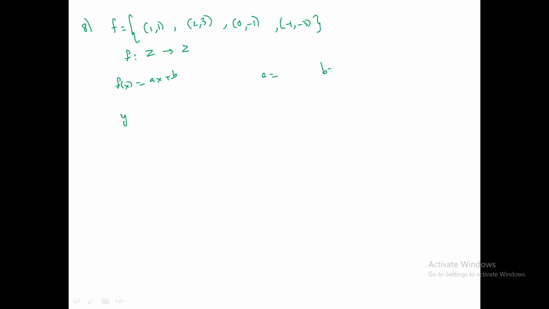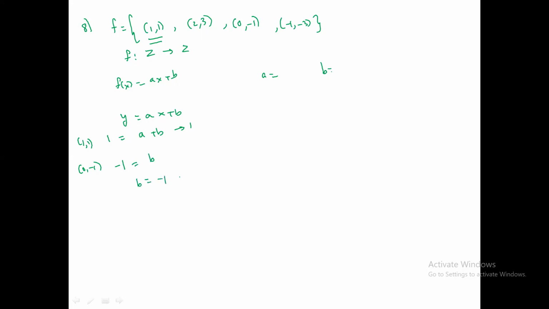So we will take y equal to ax plus b. The first point (1, 1) we will use here. Y is 1, x is 1: 1 equals a plus b. So equation 1. You can take (0, minus 1). So y is minus 1, x is 0: minus 1 equals b.